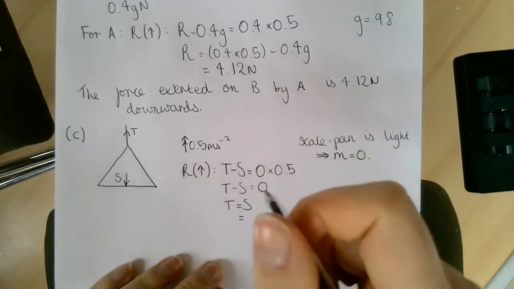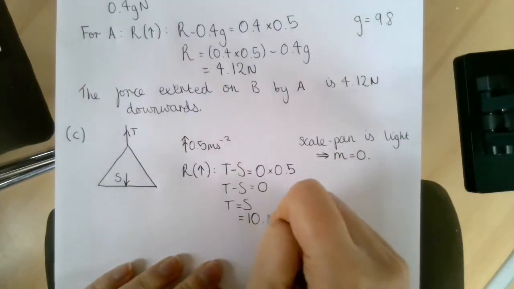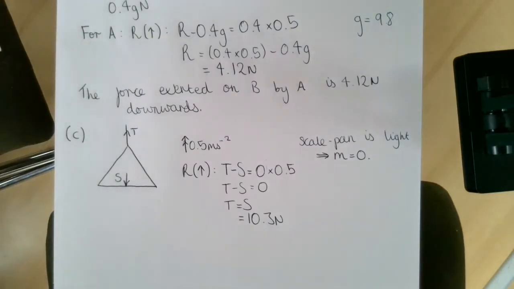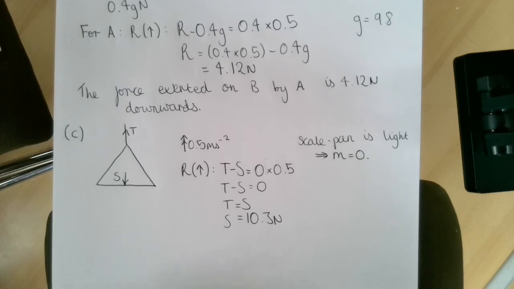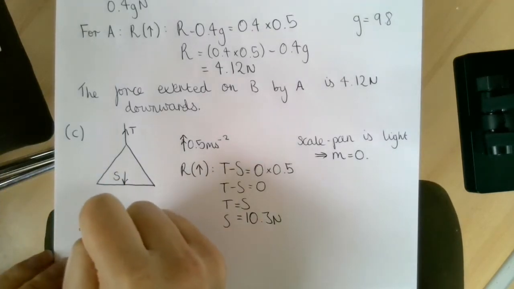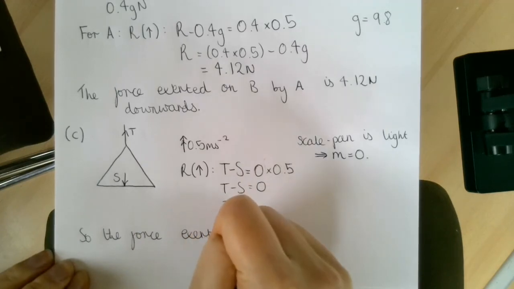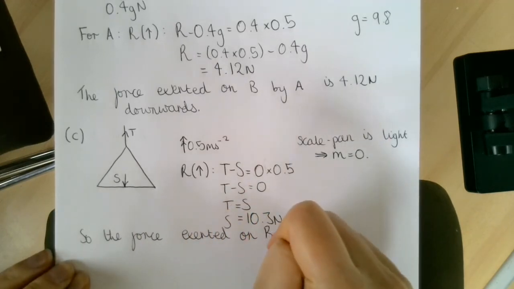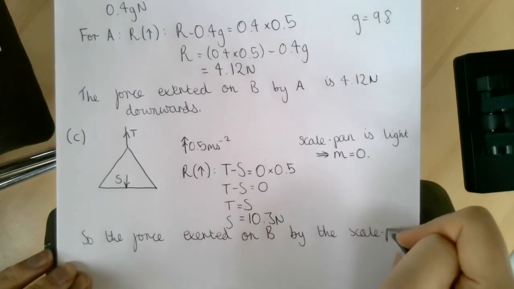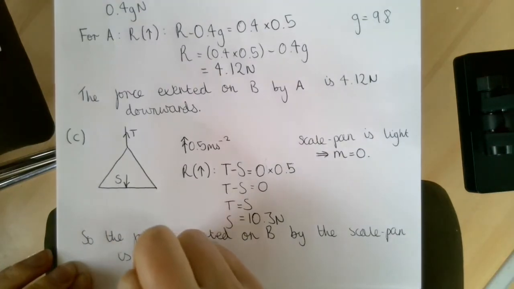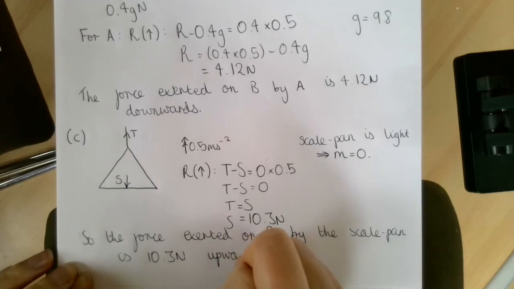Now we know that T was 10.3 newtons, we found that out in part A. So we've got S is equal to 10.3 newtons. So the force exerted on B by the scale pan is 10.3 newtons upwards.